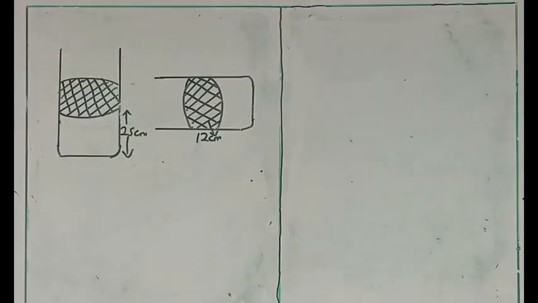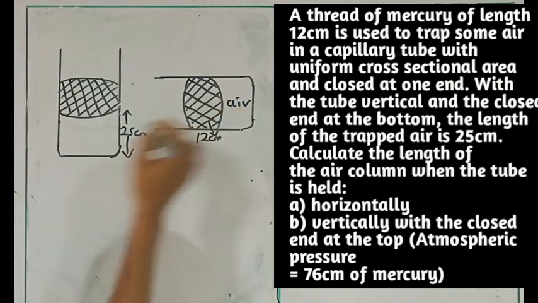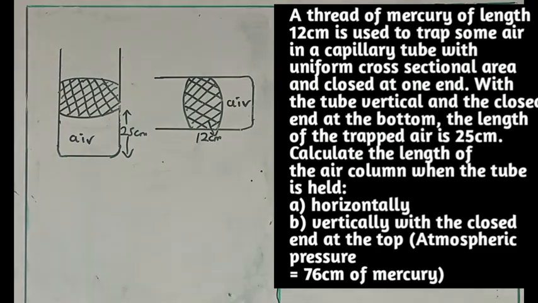This is another example. A thread of mercury of length 12 cm is used to trap some air in a capillary tube. This is the portion where the air or gas may be trapped, but this time around air is trapped there, with uniform cross-sectional area and closed at one end, with the tube vertical and the thread and the closed end at the bottom.